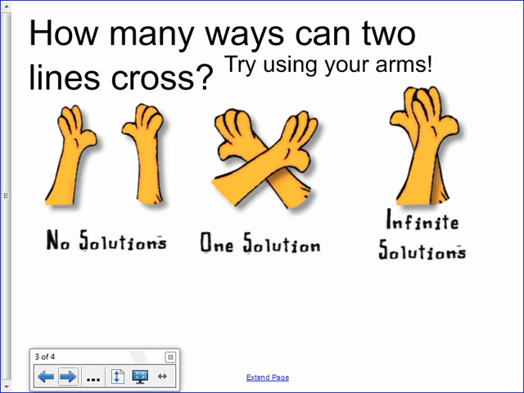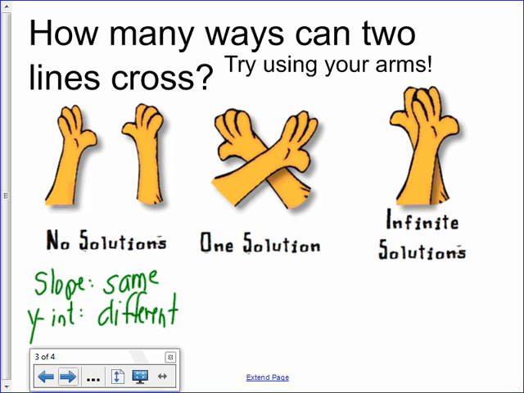So in your notes, we've already talked a little bit about this. When we have no solution, what's true about the slope? It will be the same. What's true about the y-intercept? It will be different. In one solution, what's true about the slope? It will be different. What's true about the y-intercept?